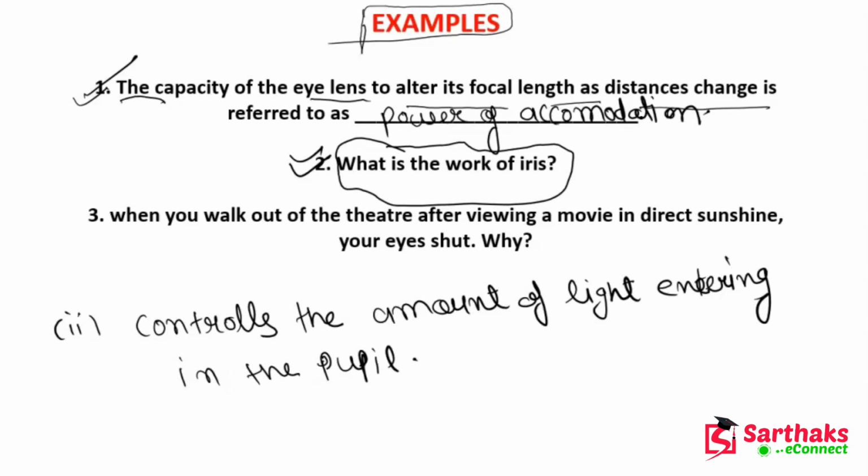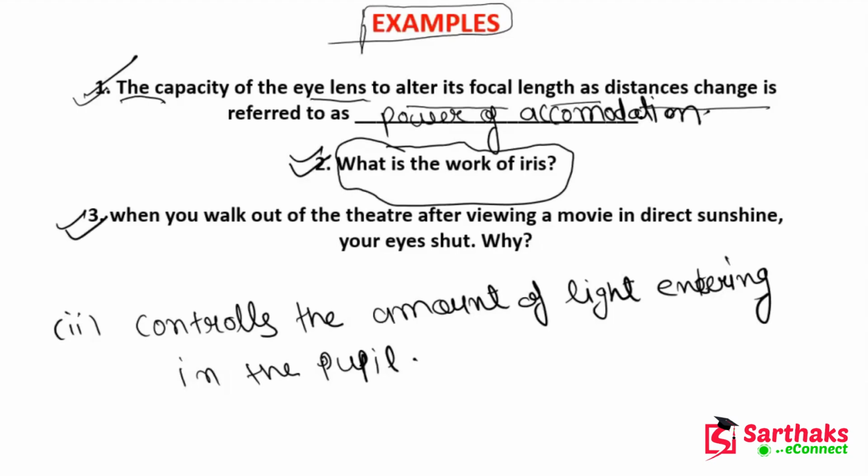Okay, so this is the work of the iris. We saw lots of examples on this, and this is a very important part, and it basically controls the amount of light that enters our eye.